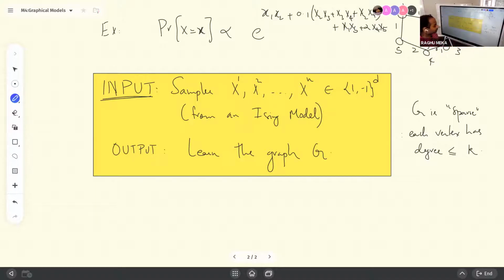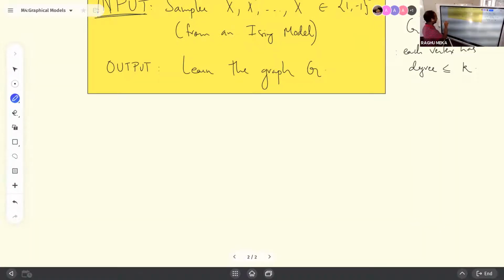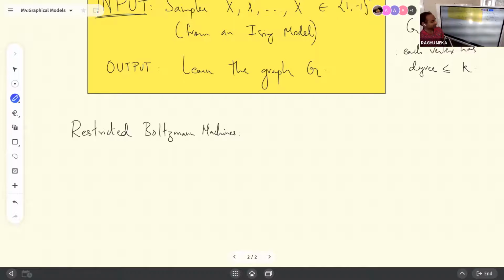Okay. Any questions about the problem? All right, so before going there, let me say a couple of things about why they are so important. One is there's this thing called restricted Boltzmann machines. So what's a restricted Boltzmann machine?